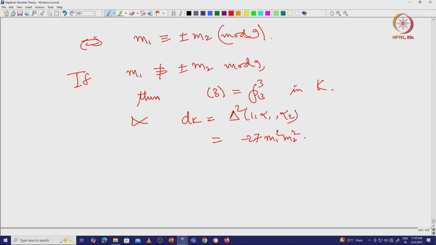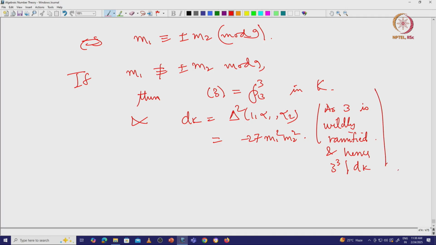This is because 3 is wildly ramified and hence 3 to the power 3 divides the discriminant. We proved a result like this about the different, and the discriminant is simply the norm of the different. So p3 cubed will divide the different of K over Q, and hence 3 cubed, which is the norm of p3 cubed, will divide the discriminant of K over Q.